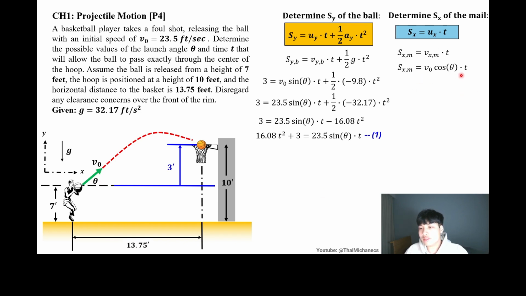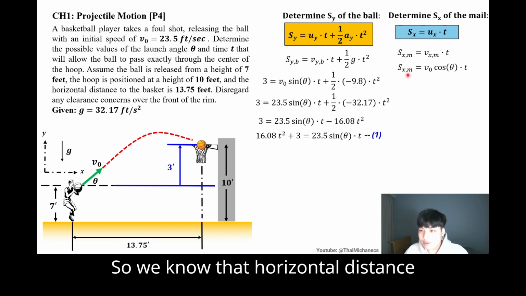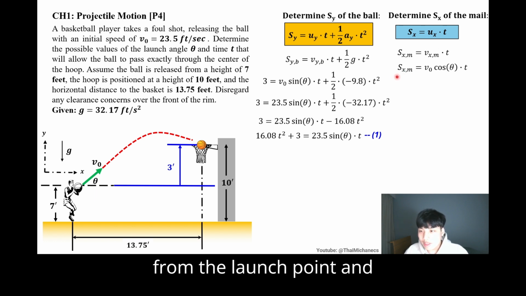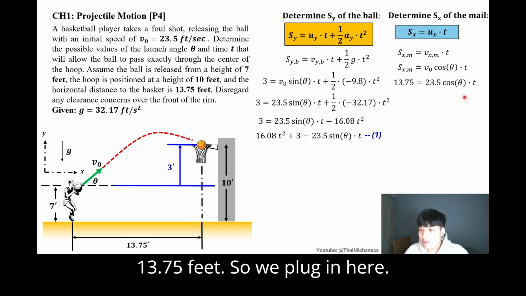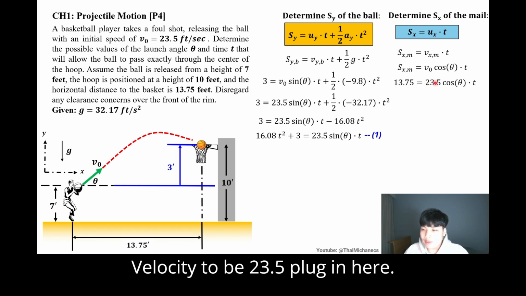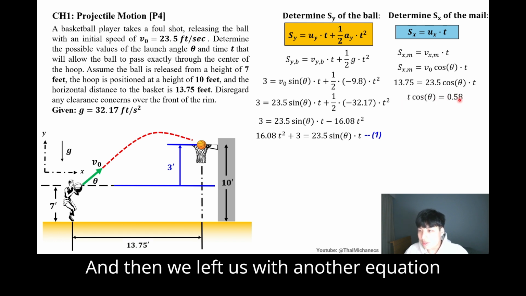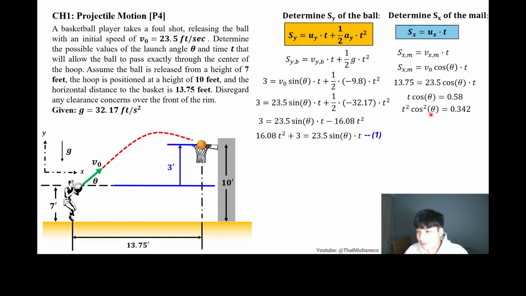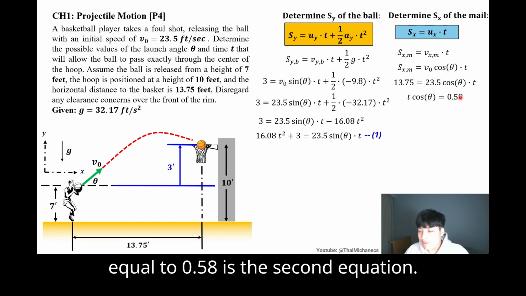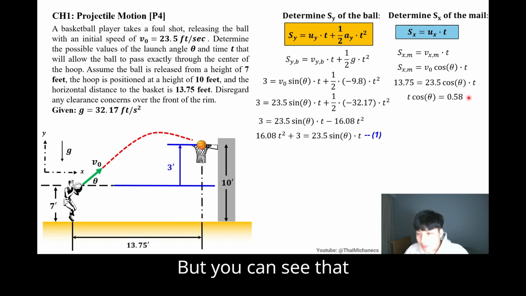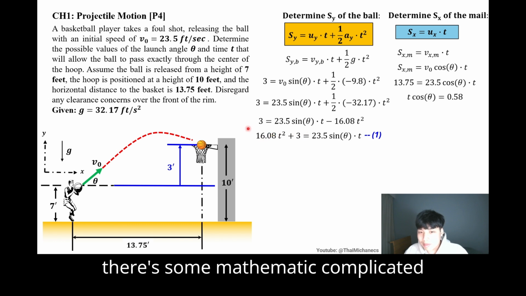We know the horizontal distance from the launch point to the hoop is given to be 13.75 feet. So we plug in here, velocity 23.5, and then we are left with another equation with two unknowns.